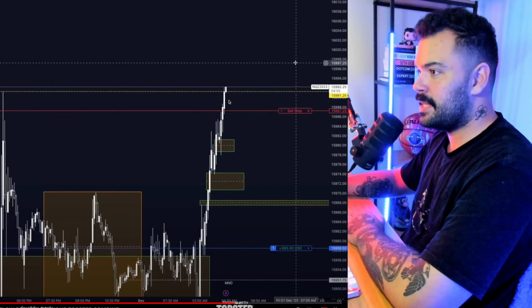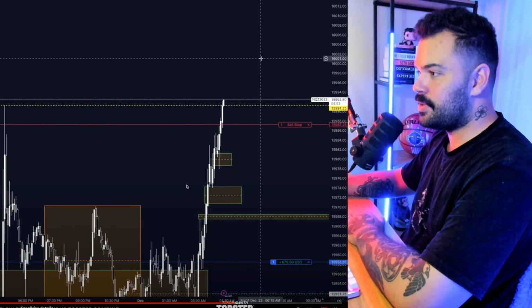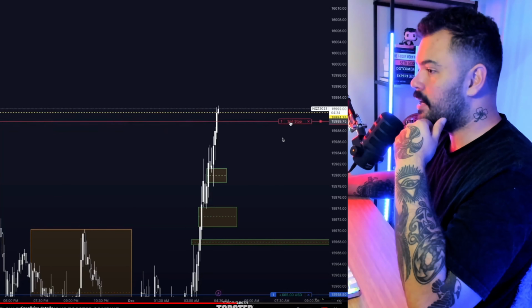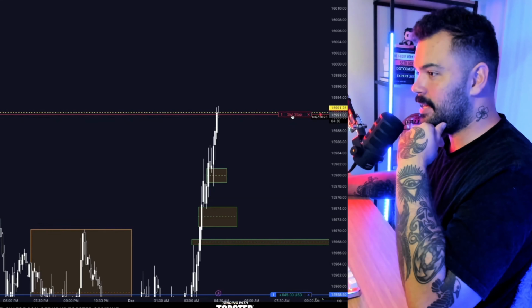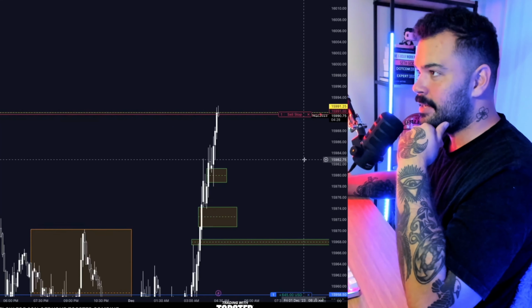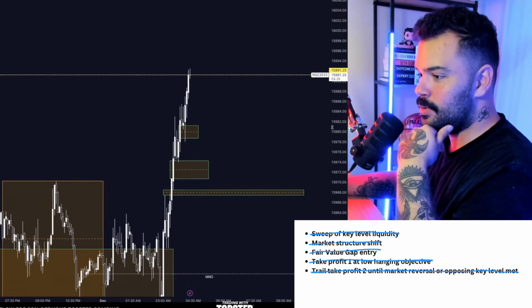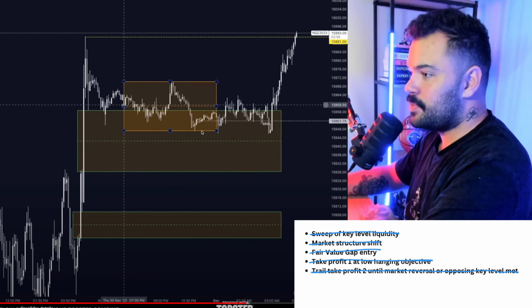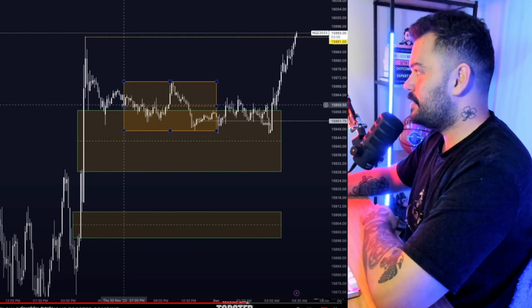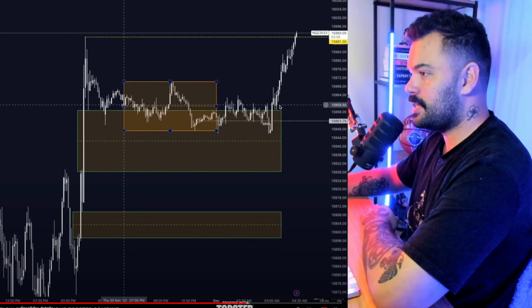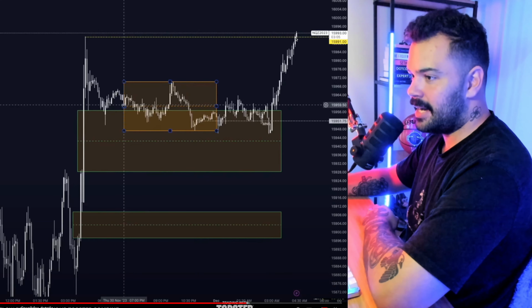As we got up there and exceeded the level, I trail my stop loss right behind the active price movement and then catch it out right there. So that's the completion of the whole process. You got your sweep below that key level, Asian range lows, market structure shift on this candle, market structure shift to the upside, fair value gap entry, and ride that up to my target.